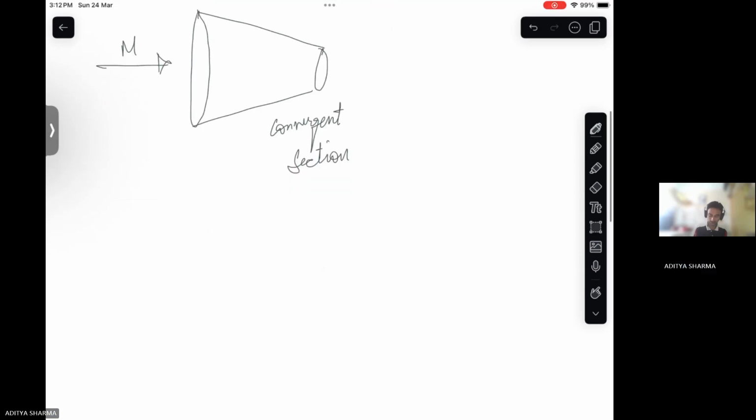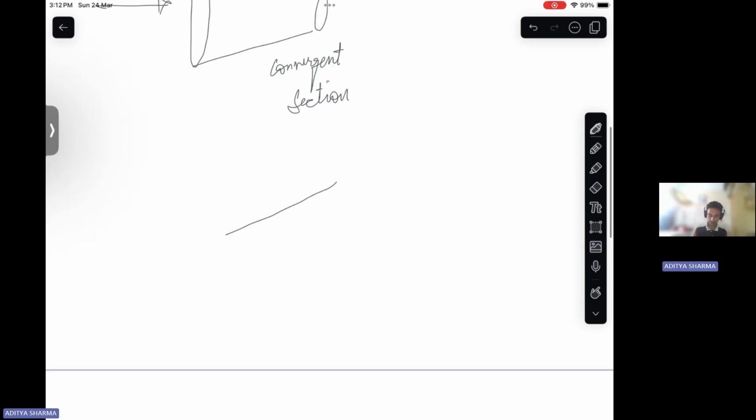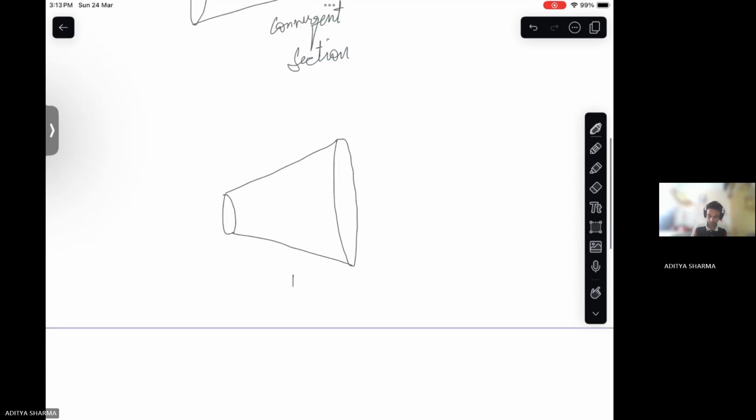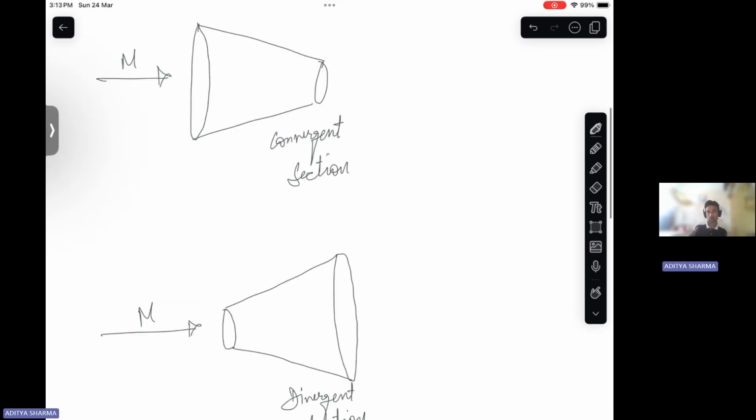The same way, if we have a divergent section and the flow goes this way, whether M is subsonic or supersonic, what happens to your flow as it proceeds in a duct?